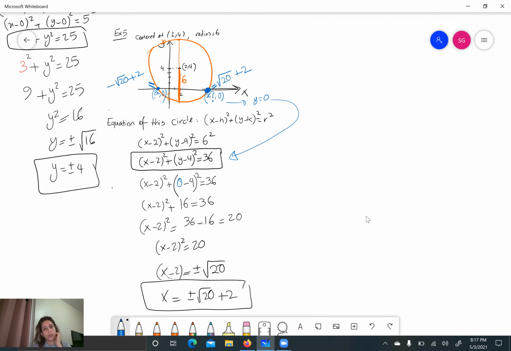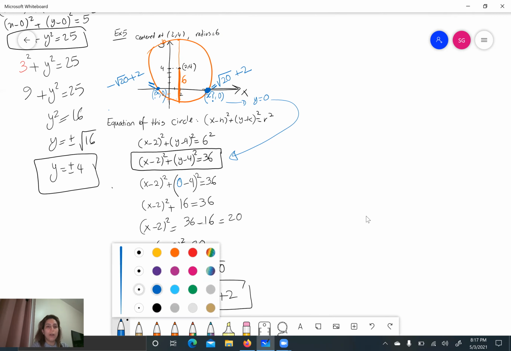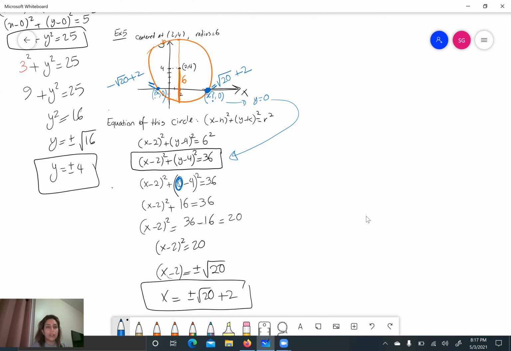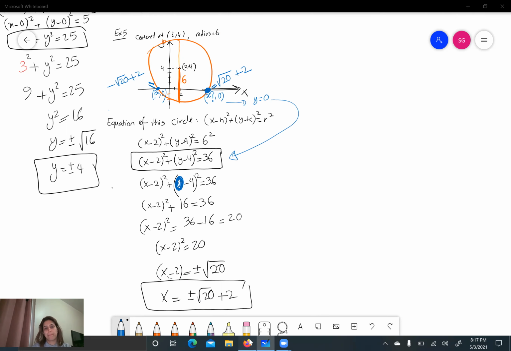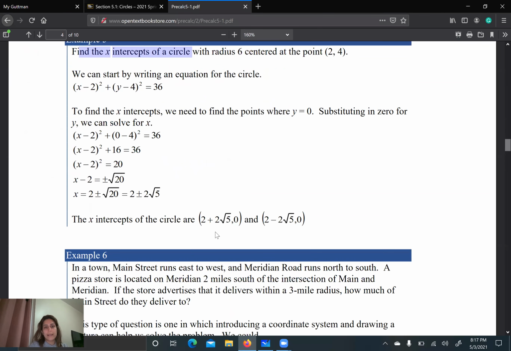The y value is 0, so we substitute 0 into the equation of the circle, and then we solve it for x. As you can see, we came up with 2 x values, which match the graph.